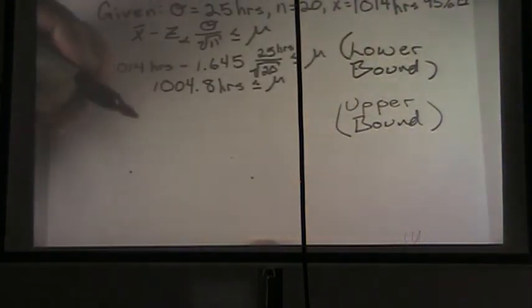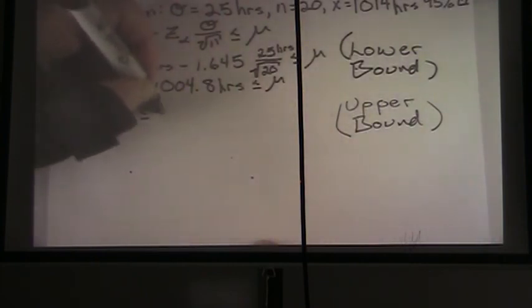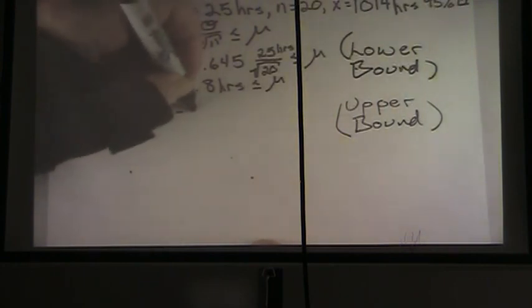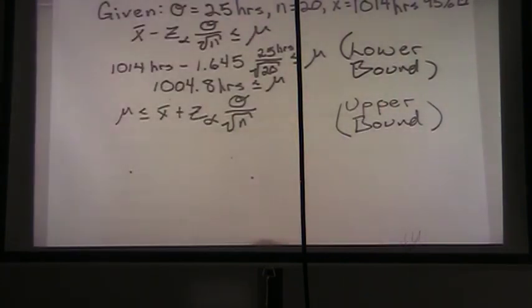In which case we would do an upper bound test. So that would mean mu less than or equal to x bar plus z alpha times standard deviation divided by square root of n.